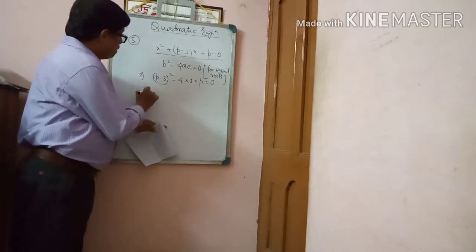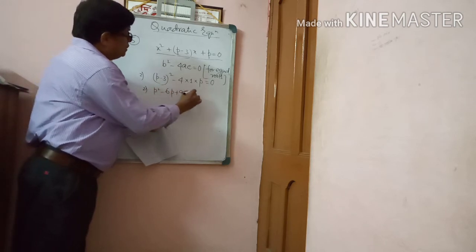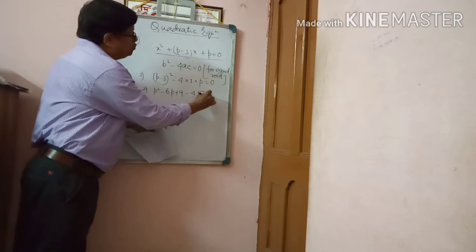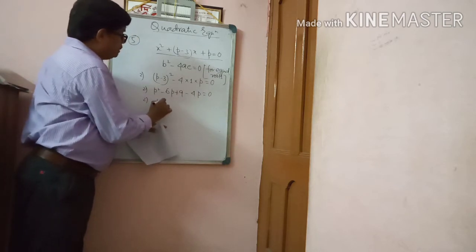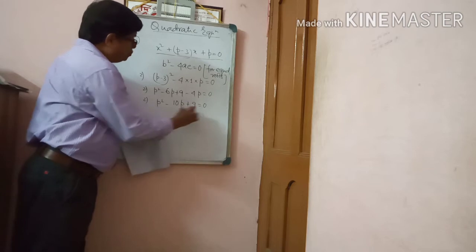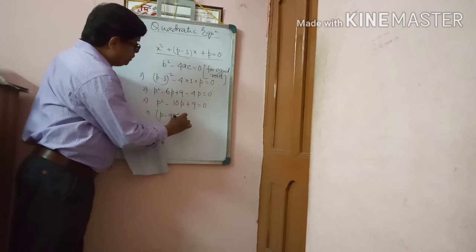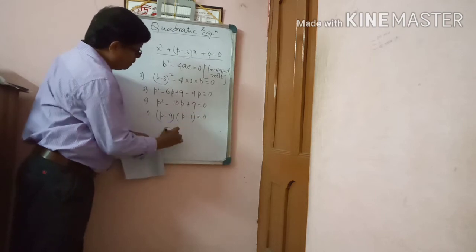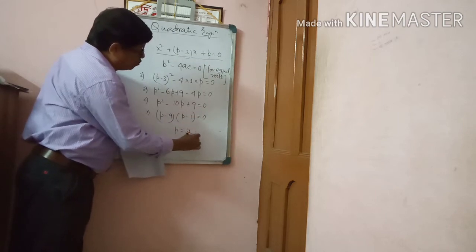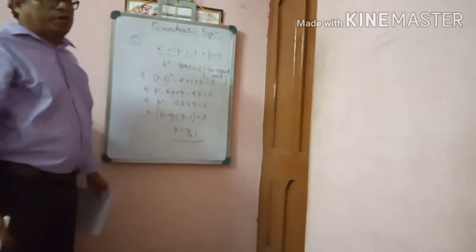So write p square minus 6p plus 9 minus 4p equal to 0. So p square minus 10p plus 9 equal to 0. So (p minus 9) into (p minus 1) equal to 0. So p equal to 9 or 1.